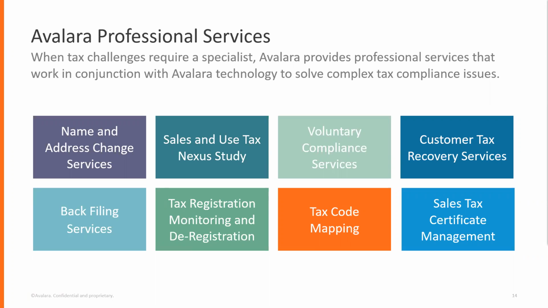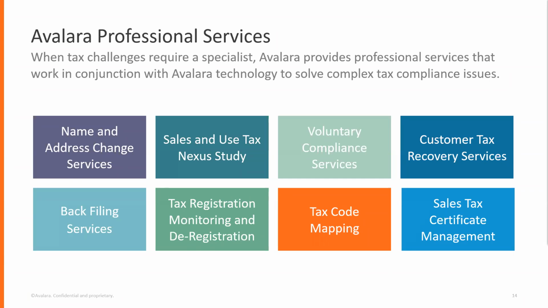To be completely honest, the economic Nexus piece is fairly easy to track yourself and see where you have exceeded either sales or transaction limits within the states. But a lot of times the physical components, or where your goods may be, or attending trade shows, or all those things that were listed before, are not always the easiest to track. So we have a team that is dedicated to assisting with this.